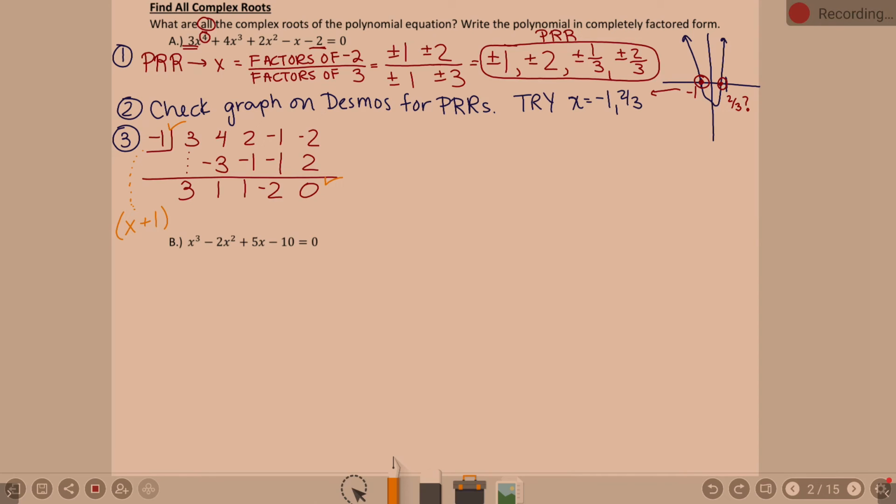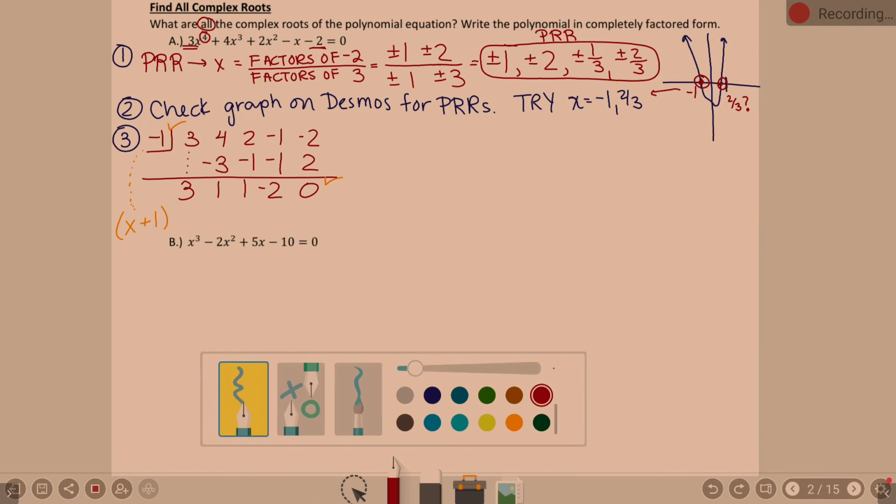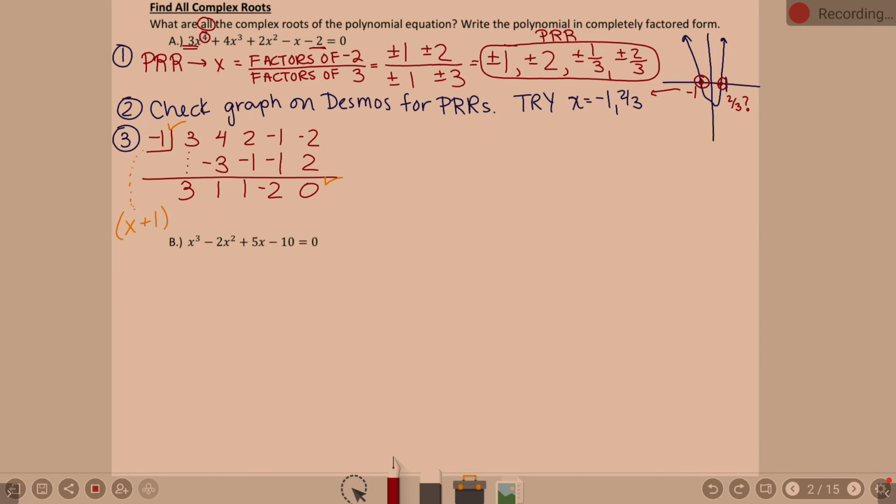If they ask you for the roots or zeros, you tell them x equals -1. If they ask you for the factor, it's x plus 1. Trying to help you get the terminology straight here. Now, don't get ahead of me. -1 worked.